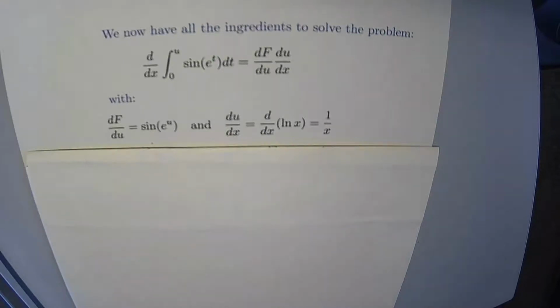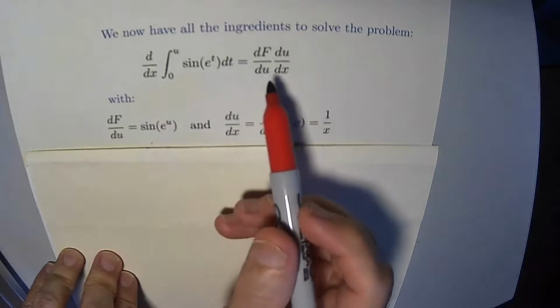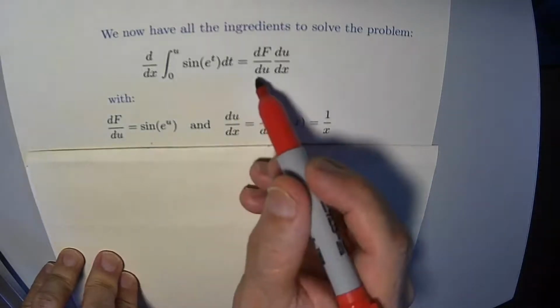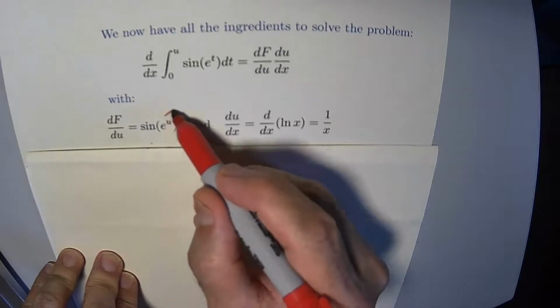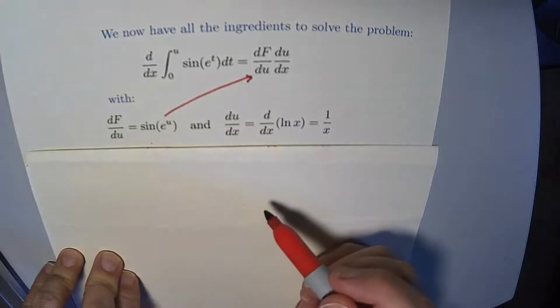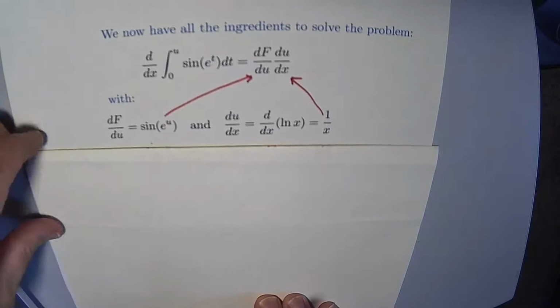Okay, after all this calculation, we have all the ingredients to solve the problem. We just figured out this equation. df/du is sine of e to the u, so that goes in there. du/dx, the derivative of natural log of x, is 1 over x, and that goes in there.